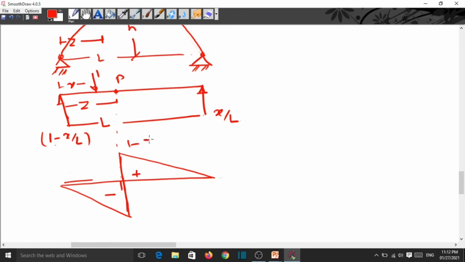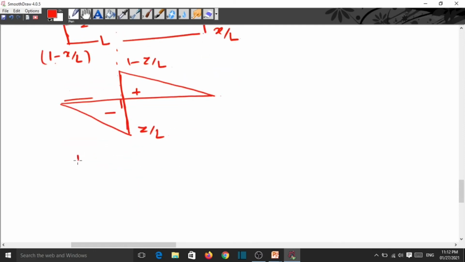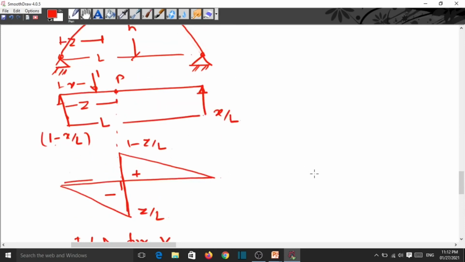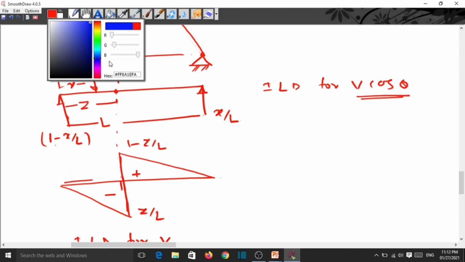This is 1 minus Z by L and this is Z by L. So this is the ILD for V. Now, next we have to draw here the ILD for V cos theta. So we have to multiply this quantity by the cos theta. So this becomes like this.